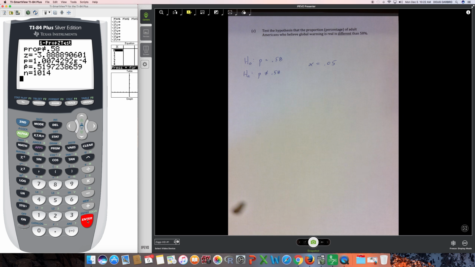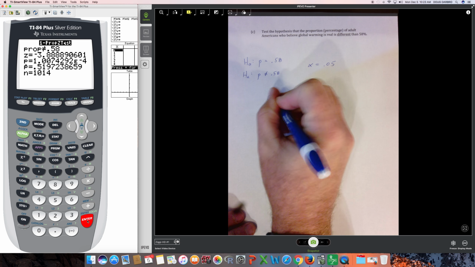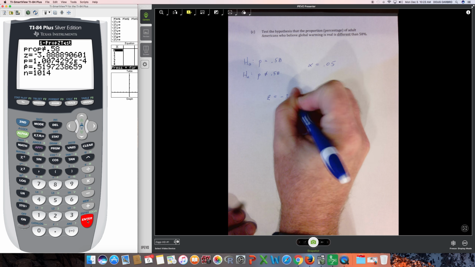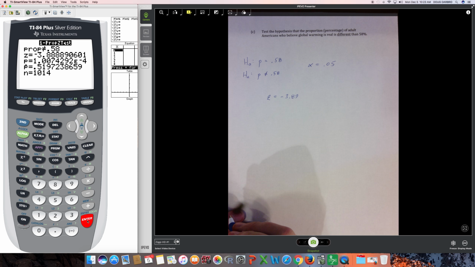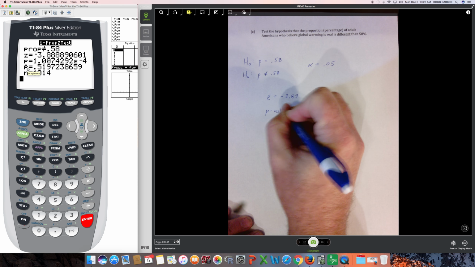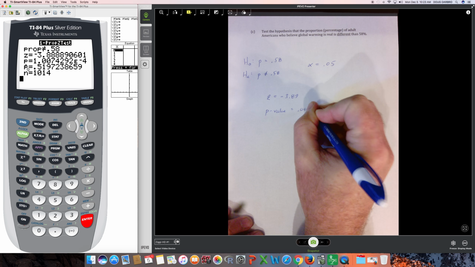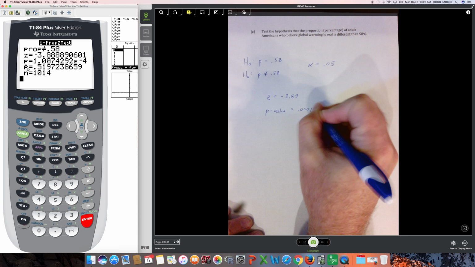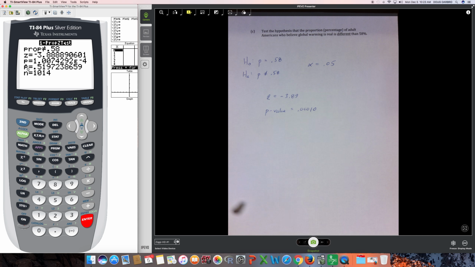Notice our test statistic is still 3.89, but for our p-value we have to go to negative 4, so 1, 2, 3, 4, put in 3 zeros, 1, 0. So our p-value got larger, didn't it?